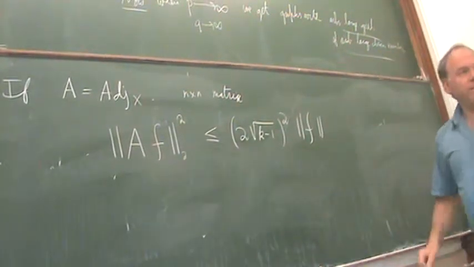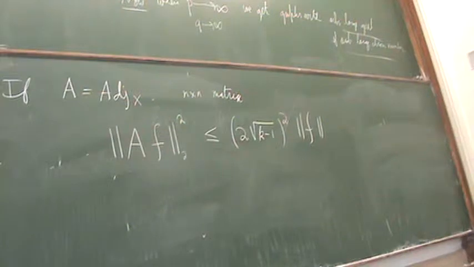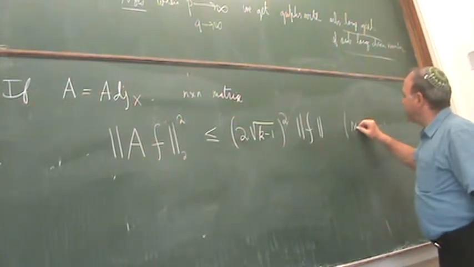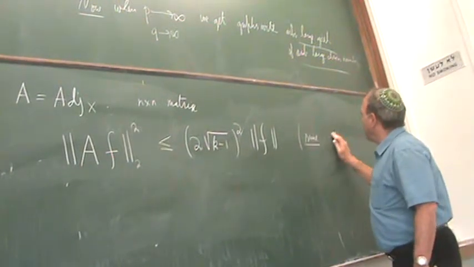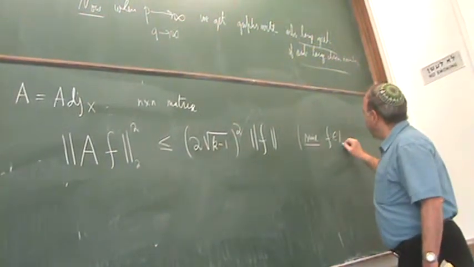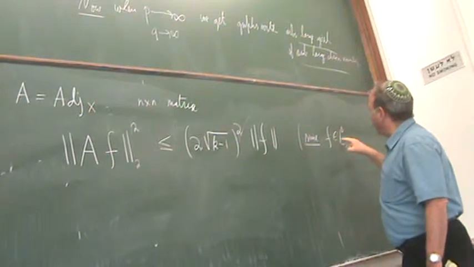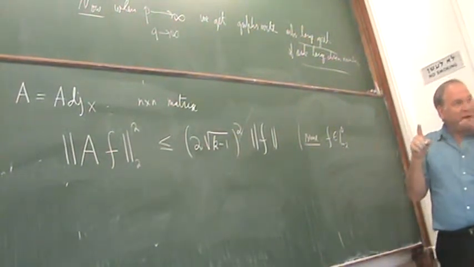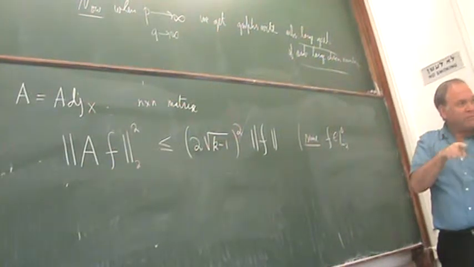Why? Here I'm using that the graph is not bipartite. Let's be careful, okay? Since F is in L2 zero, the functions which sum up to 0, these are exactly the functions which are orthogonal to the constant function.